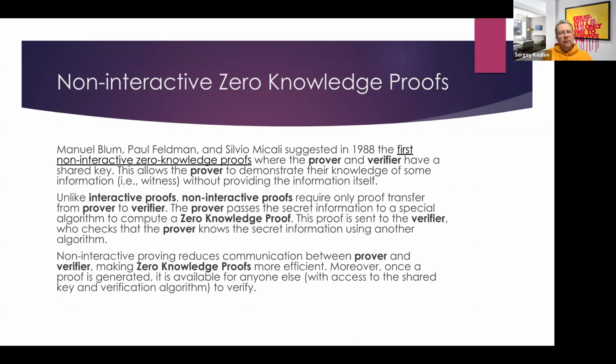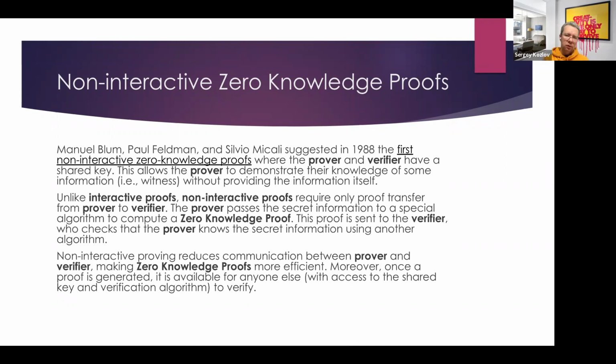What it means is that in interactive proofs, there are a few exchanges between prover and verifier. So the prover sends information to the verifier, the verifier asks for additional information, then the prover sends more information, then again. And only in this way was it possible to check if the proof is correct.